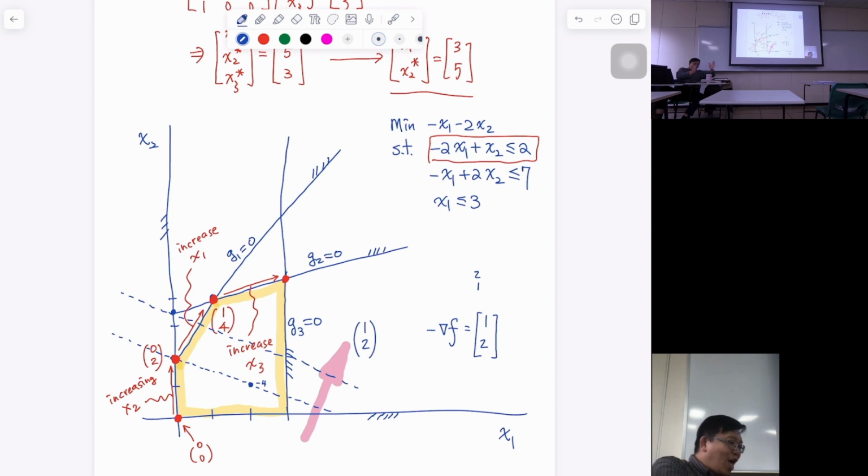At the beginning, if I move up, it's steeper. The objective function value drops faster. If I move right, the slope is not as steep.